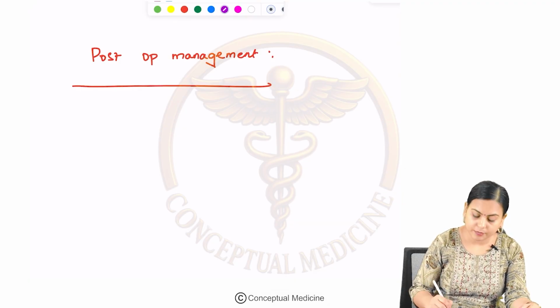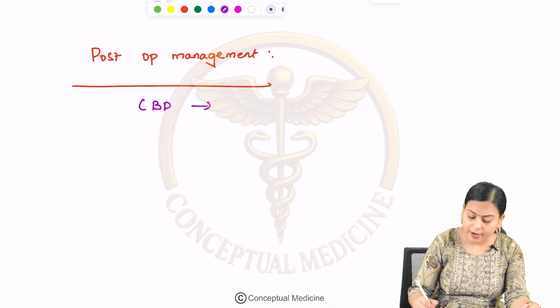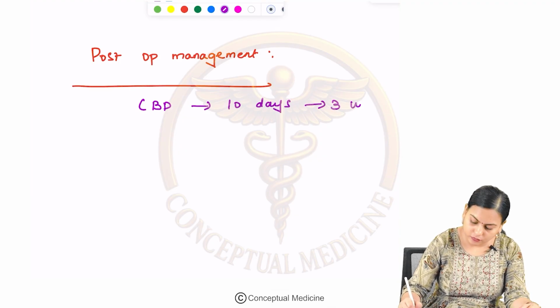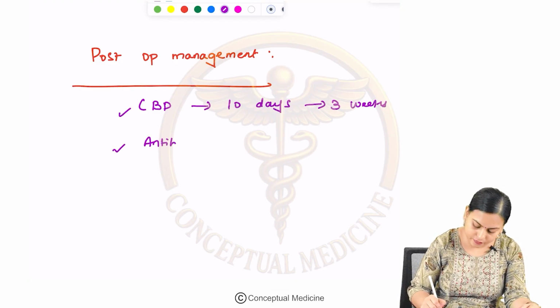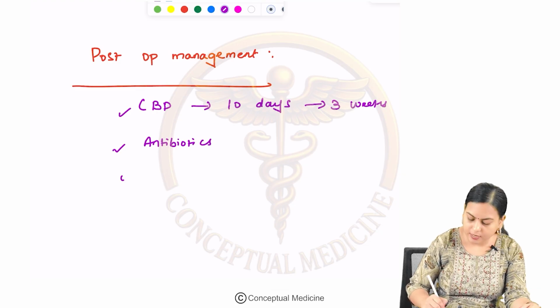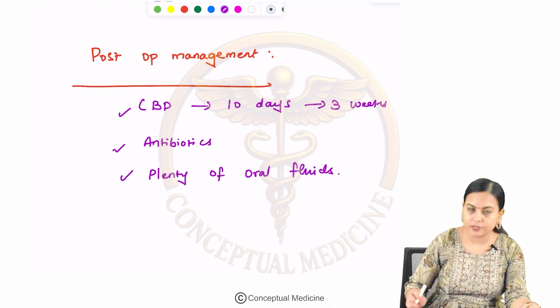Then post-op management. Again, you have to give them continuous bladder drainage with Foley's catheter for at least 10 days and up to 3 weeks also. You can even give them antibiotics and even plenty of oral fluids as well.